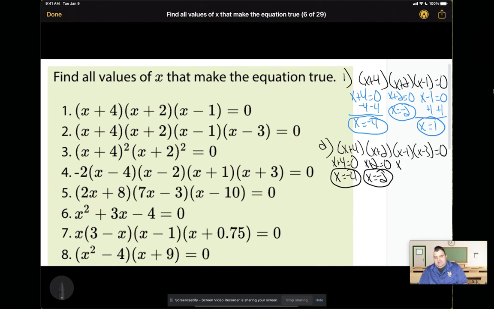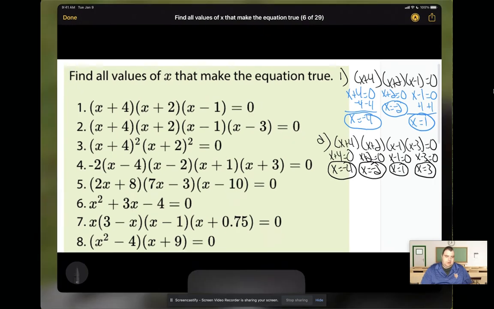If I take x minus 1 and set that equal to 0, I'm going to get x equals 1. And then the only addition this time is I'm going to take x minus 3 and set that equal to 0. If I add 3 to both sides, I'm going to get x equals 3. So I have x equals negative 4, negative 2, positive 1, and positive 3.